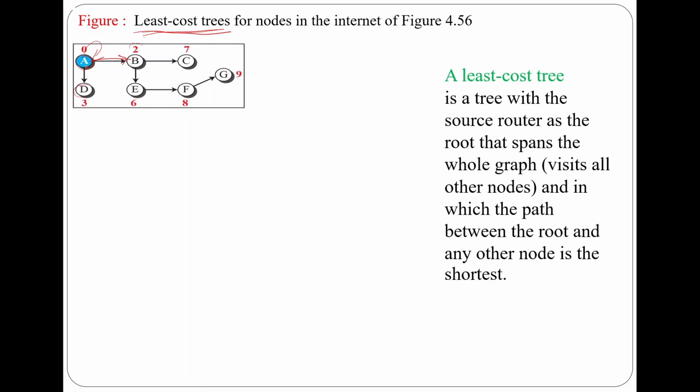Because for A, D is the neighbor node and B is also a neighbor node, immediate neighbor nodes. So these are called immediate neighbor nodes, whereas E is not an immediate neighbor node for A. Is E an immediate neighbor node? No, because it is not directly connected to the node A. It is connected to node A through B, via B, right? So you understood what are immediate neighbor nodes and what are not immediate neighbor nodes, right?